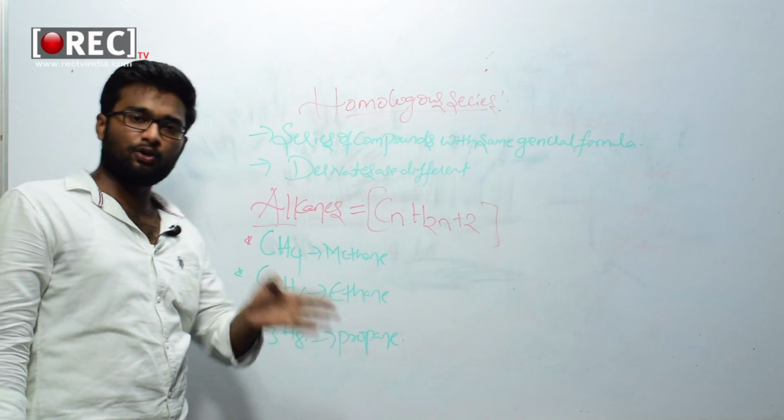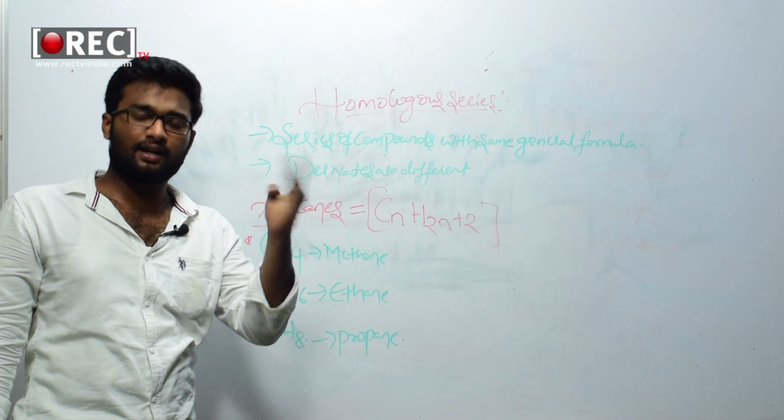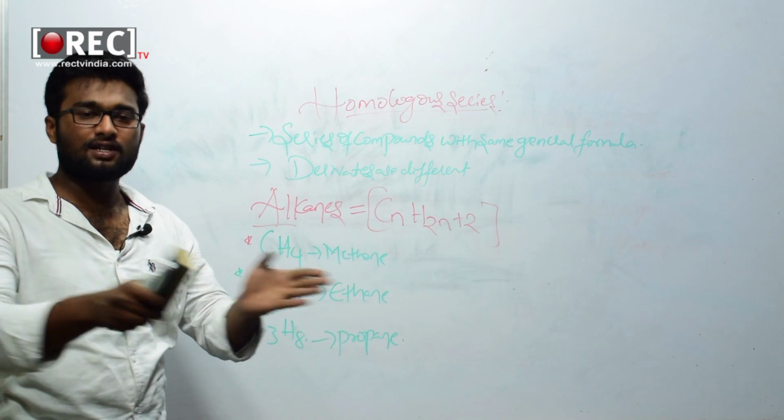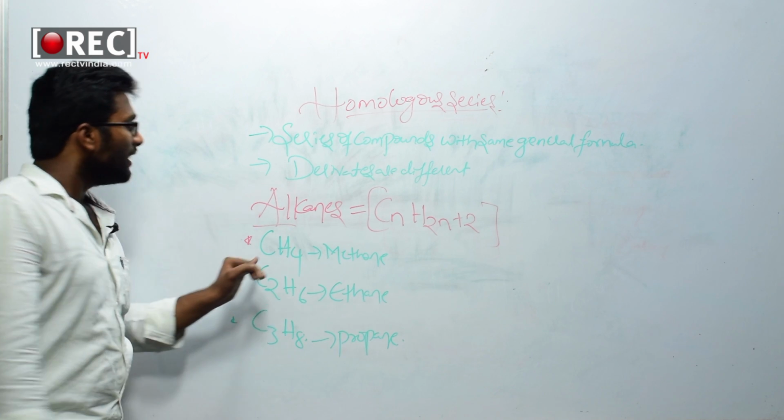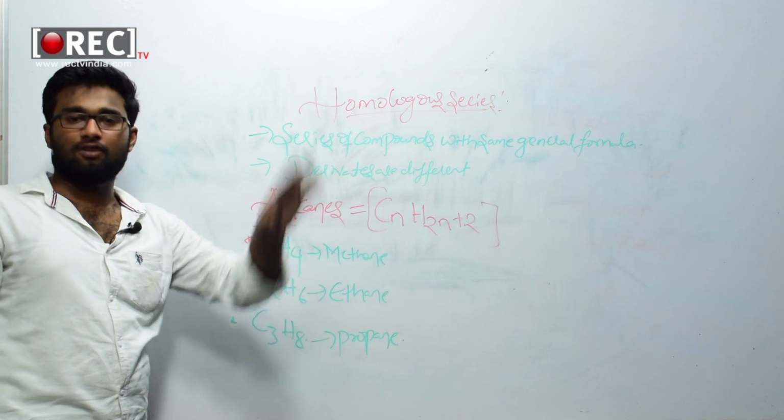Following these are butane, pentane, hexane, heptane, octane, nonane, decane. If you have 10 carbons, 4, 5, 6, 7, 8, 9, 10. As the number of carbon atoms increases, the root word changes. So let's derive these formulas by using the general formula.